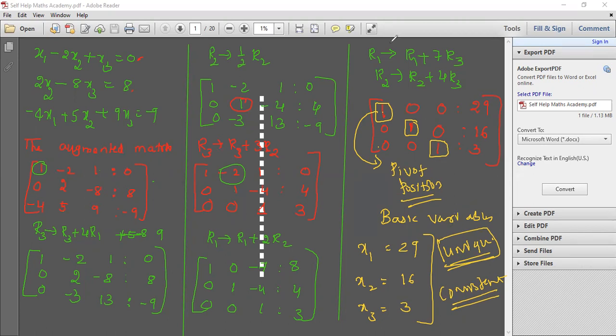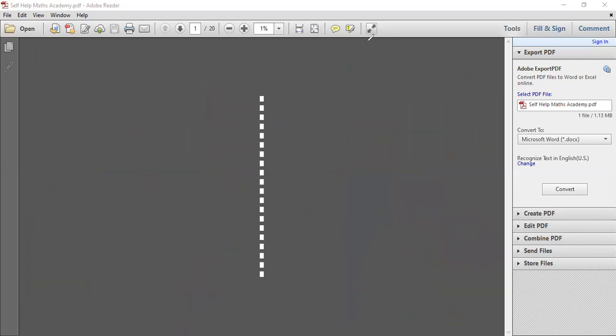Now let me discuss the next very important thing, that is a system having many solutions, as I told you earlier. We will now discuss a system which has infinitely many solutions. Again, I'm taking a non-homogeneous system.